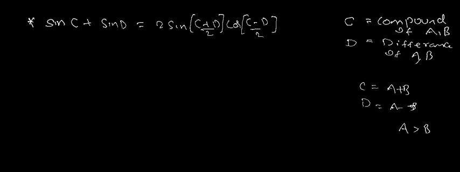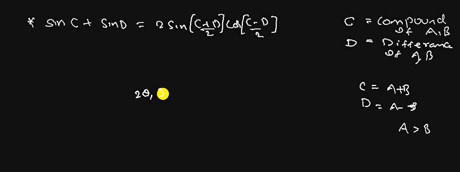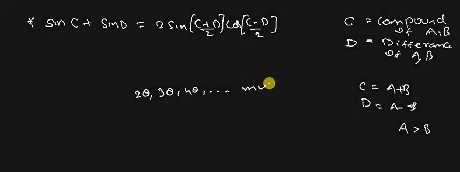Look here, these are called submultiple angles. Actually this is half of an angle, so it is called a submultiple angle. Actually 2 theta, 3 theta, 4 theta and so on are called multiple angles.